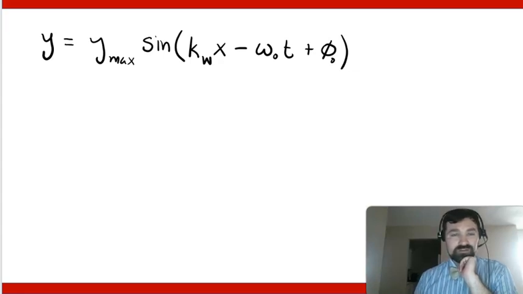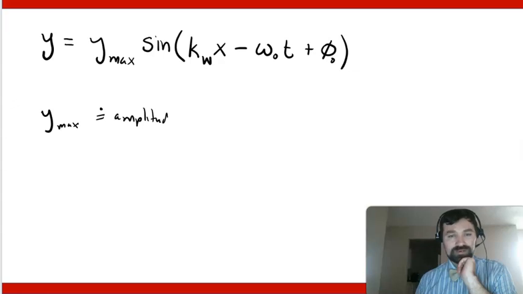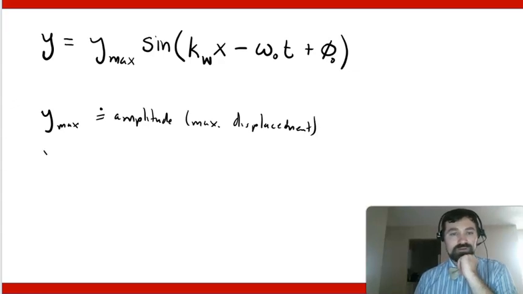Okay, so y max would represent amplitude or maximum displacement. X basically represents position that we're monitoring, so maybe position of interest.